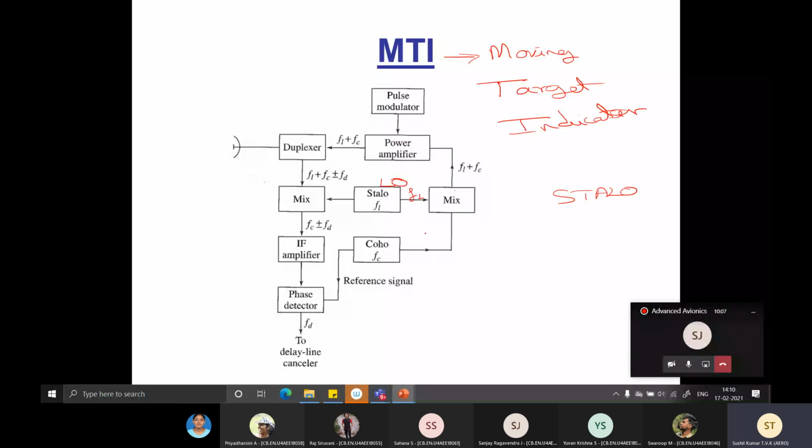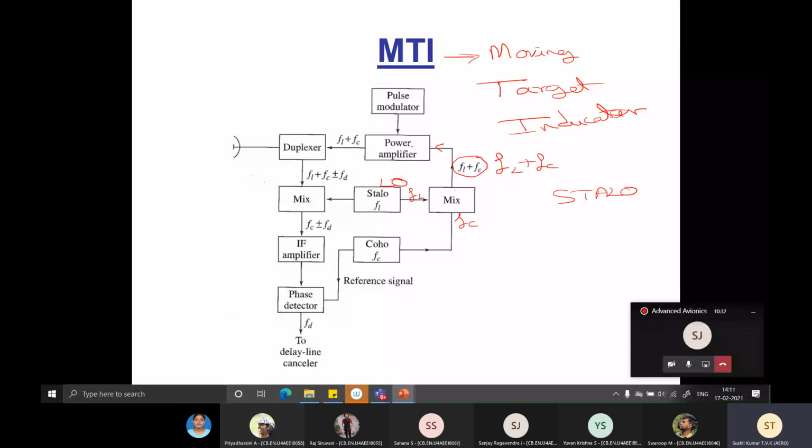It is mixed, we'll see why, with another frequency FC, and totally the frequency which is going out is FL plus FC, the sum of two frequencies. I told you a mixer can give either the difference or the sum of two incoming frequencies.